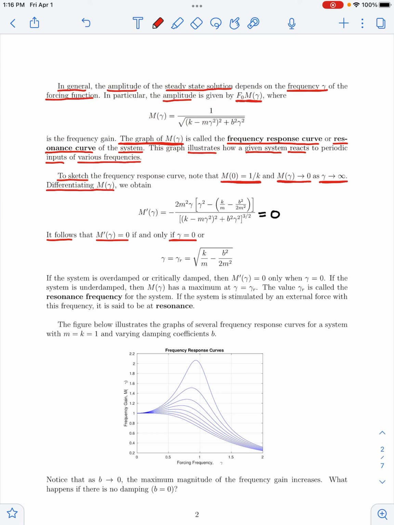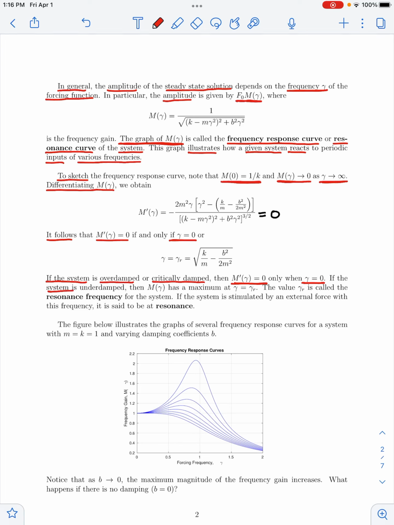So in the case that our system is overdamped or critically damped, the derivative m prime of gamma is equal to 0 only when gamma itself is 0, since that gamma r value would have a negative under the square root, or 0 under the square root in the case that this system would be overdamped or critically damped.